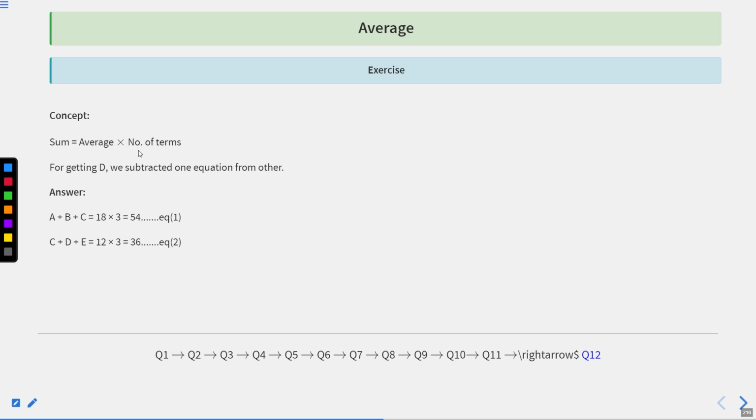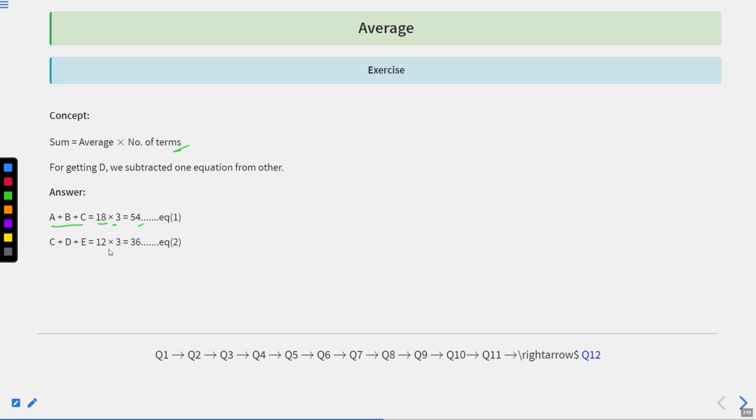So the formula that will be useful here is sum equals average into number of terms. So for getting D, we subtract one equation from another. A plus B plus C is 18 into 3. 18 is the average and 3 times gives us the sum A plus B plus C, and that is 54, equation number 1.